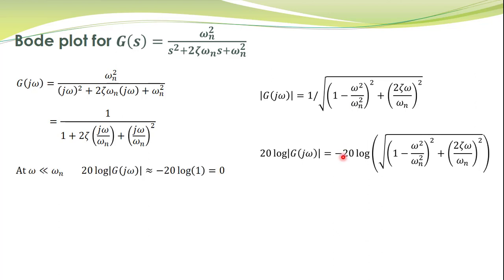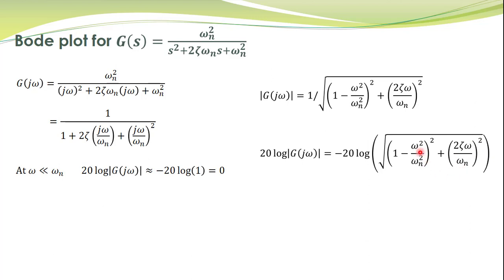To sketch the asymptotic Bode diagrams, we divide the whole frequency range into low frequencies and high frequencies. When this frequency omega is much smaller than omega n, this number omega over omega n will be a small number and its square will be further smaller.